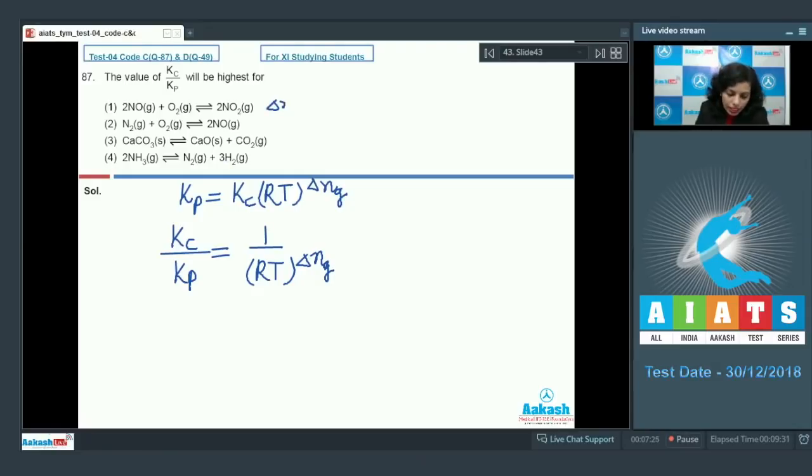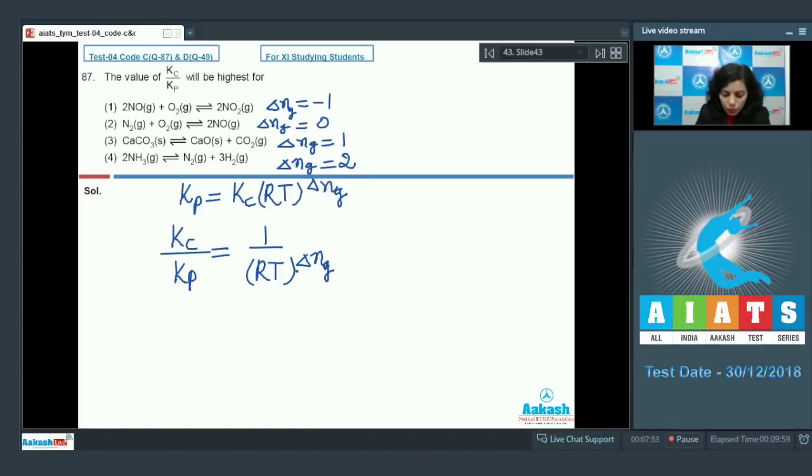In the first case, the delta ng value is 2 moles of gaseous product and 3 moles of gaseous reactant, which means it is -1. For the second case, the delta ng value is 0. In the third case, delta ng is 1. The delta ng value for the fourth case is 2.